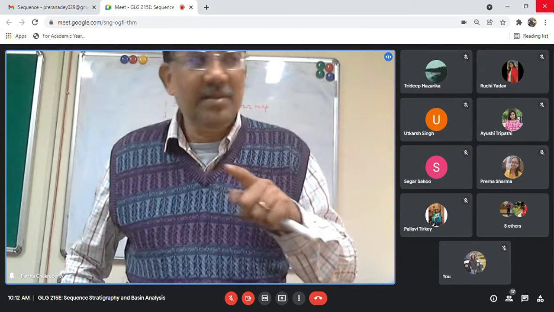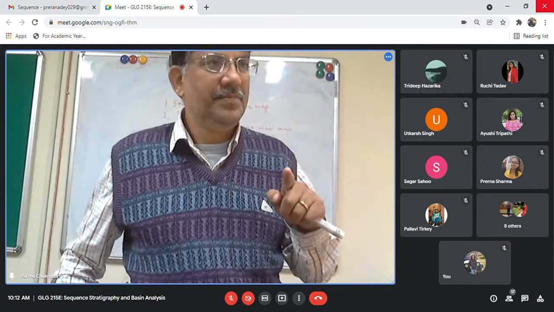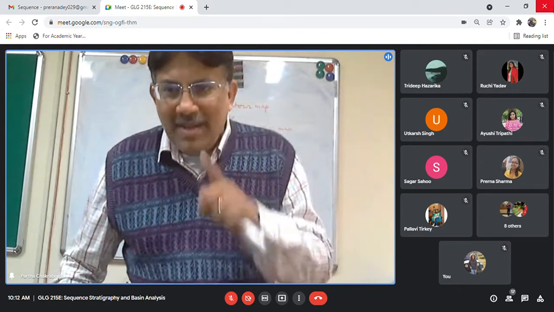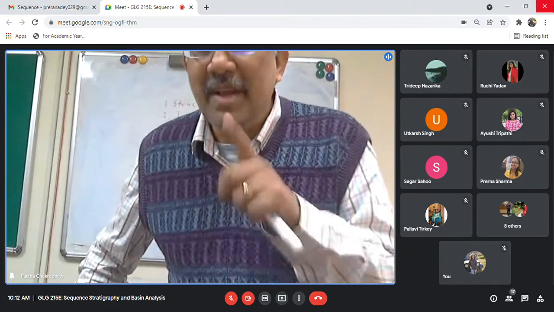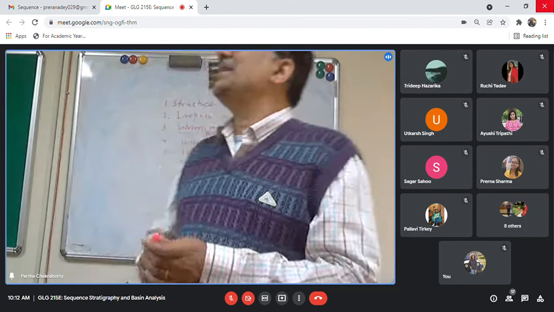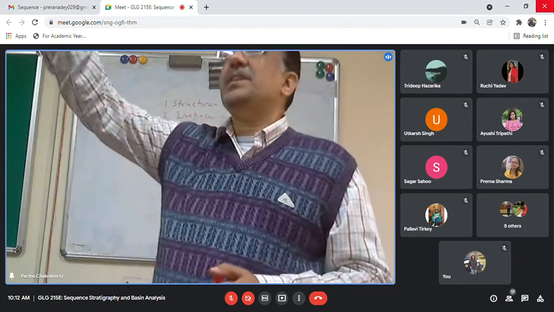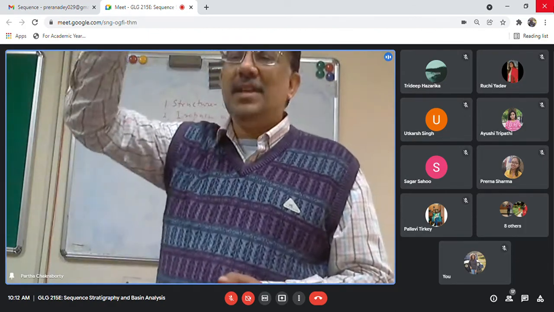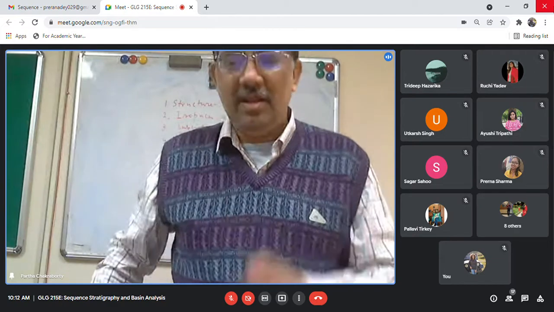Am I clear? What is reduced base level, reduced sea level? What is reduced level? RL. You will see in different rail station in the board that is written RL. What is RL?